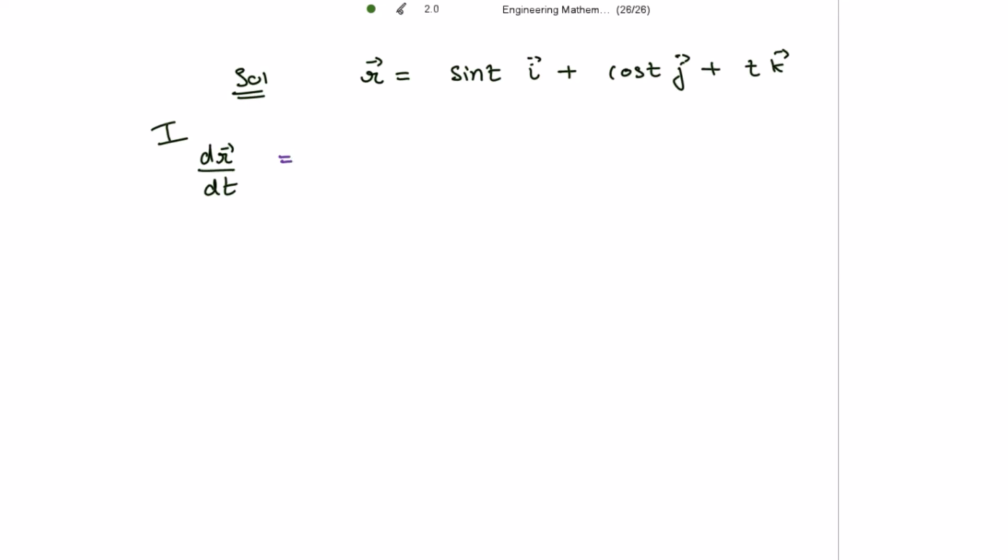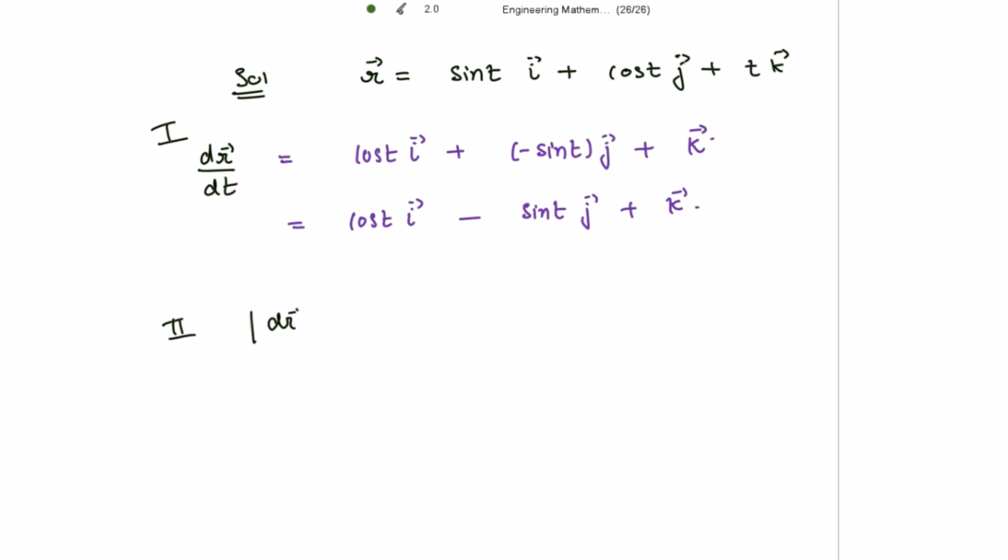So this is cos t I vector plus minus sine t j vector plus k vector, or it can be written as cos t I vector minus sine t j vector plus k vector, right?